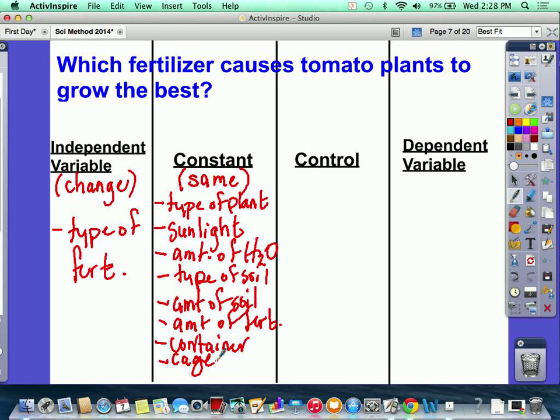We can do it in a controlled environment. And I think that's really what both of you are getting at, is putting the plant in a controlled environment. So let's say it that way. We want to control the environment. I was going to use the word temperature, but I think if we say controlled environment, it incorporates both of what you've said. So good.